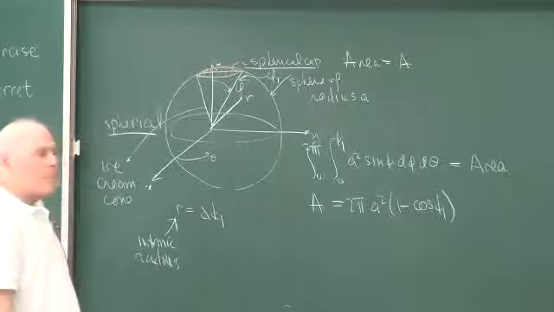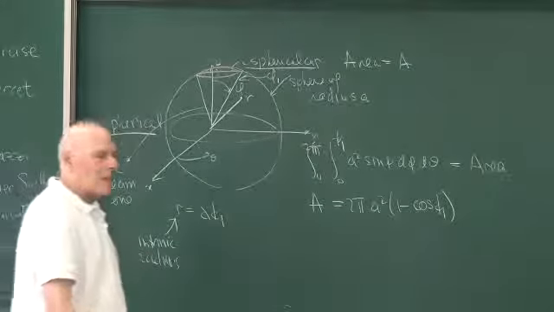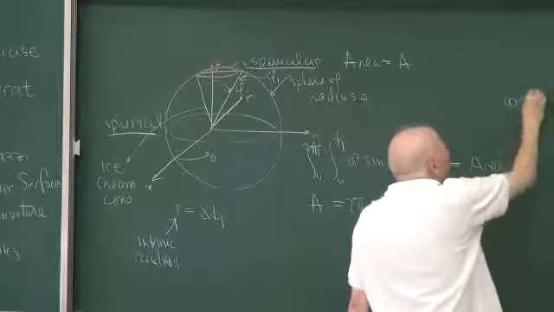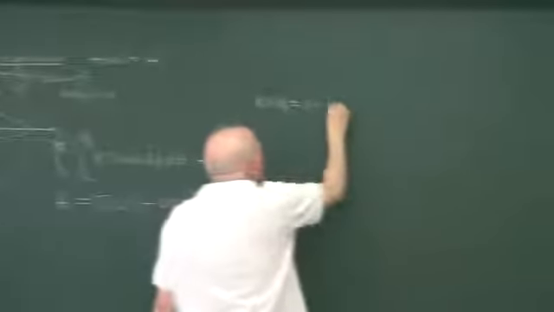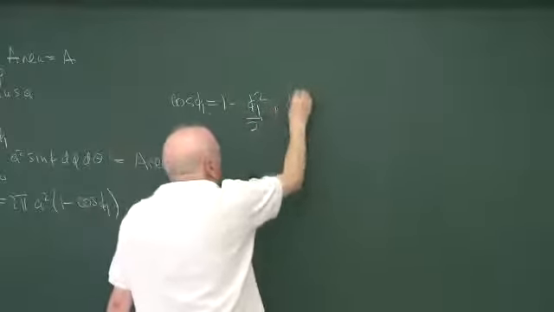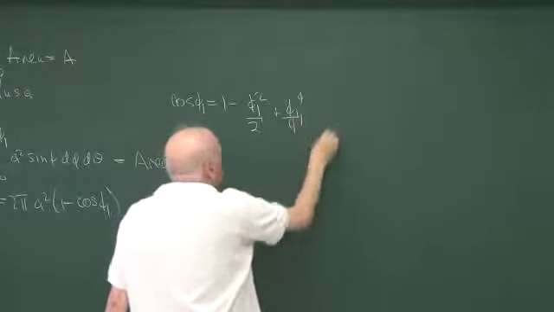Okay, now let's do a power series expansion. So everybody remembers cosine phi1 is 1 minus phi1 squared over 2 factorial plus phi1 to the fourth over 4 factorial.